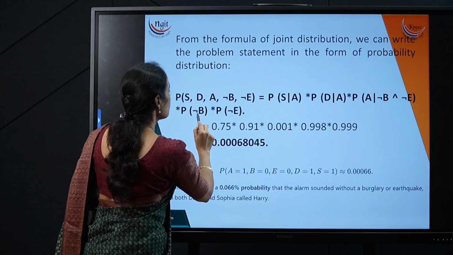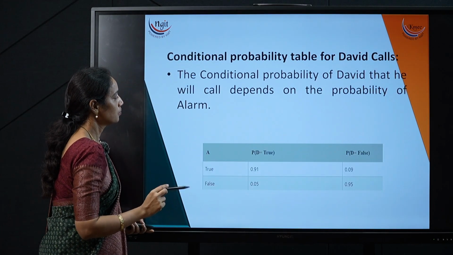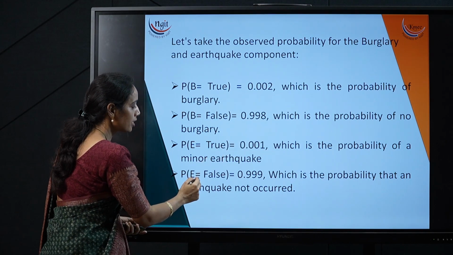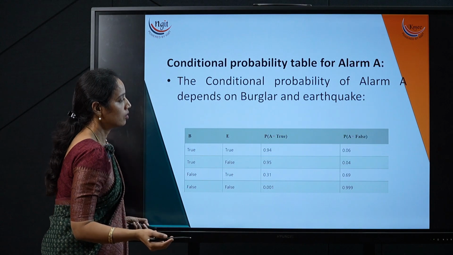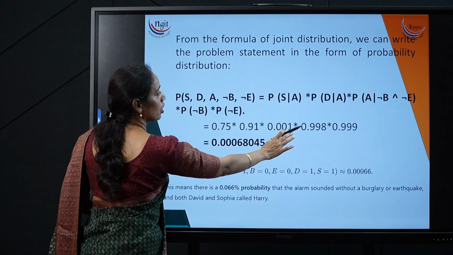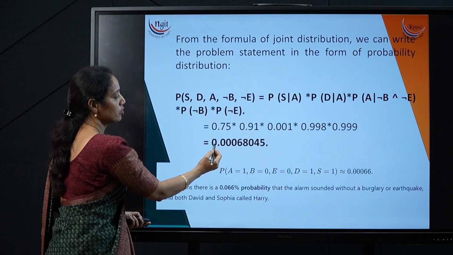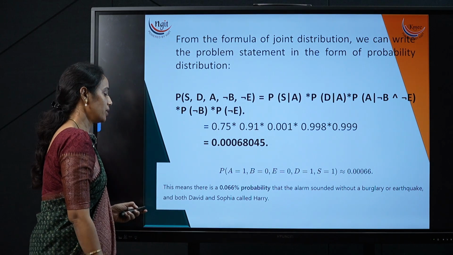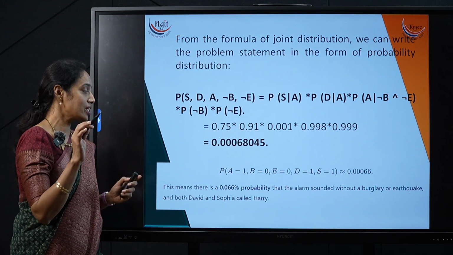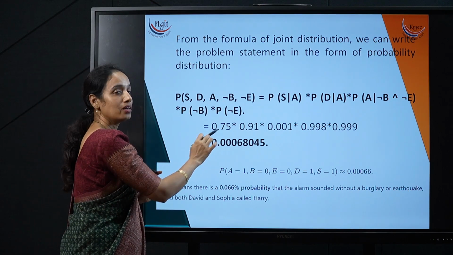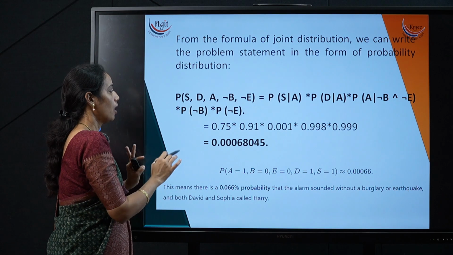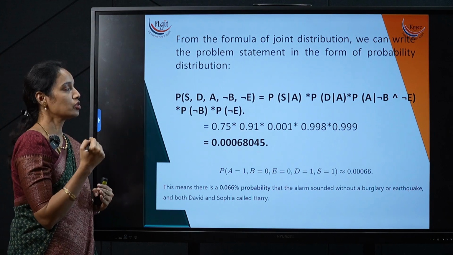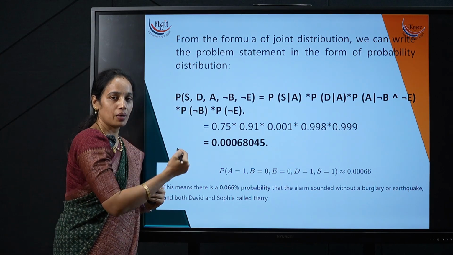Then the probability there is no burglary is 0.998, and the probability there is no earthquake is 0.999. So substitute all these values in the given formula and multiply all these values, and we will get 0.00068. This means there is a 0.068% probability that the alarm sounded without a burglary or earthquake, and both David and Sophia called Harry. So this is how we find the solution with the help of this Bayesian belief network model.